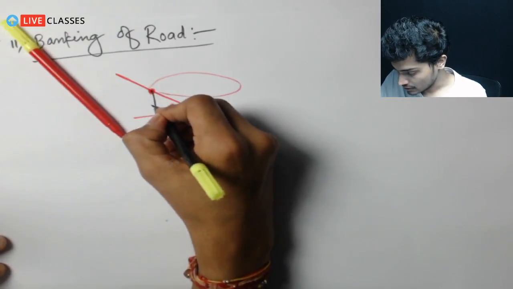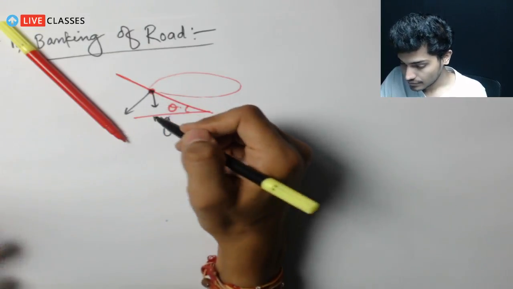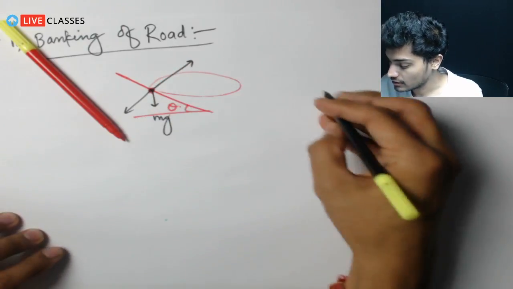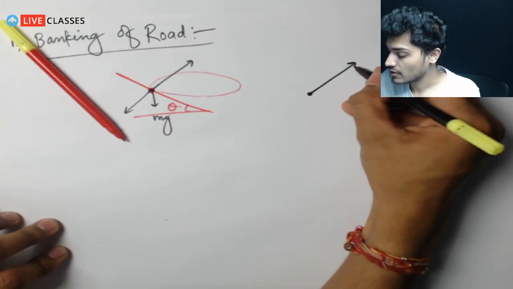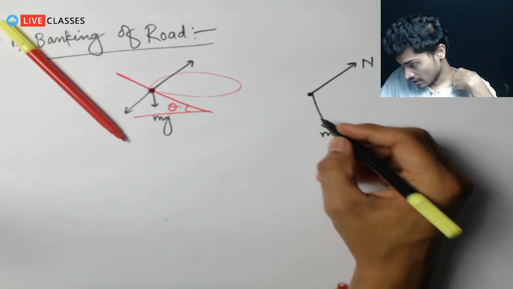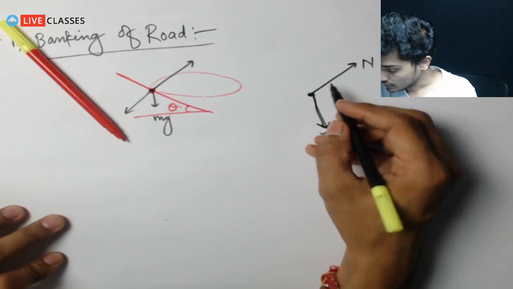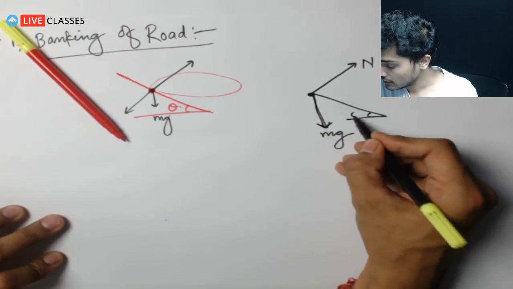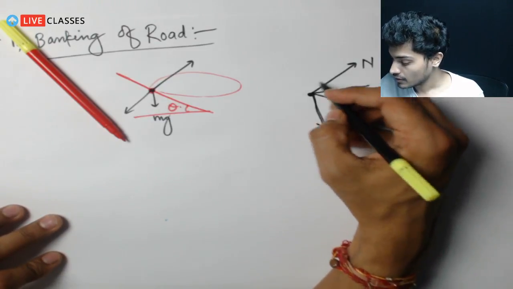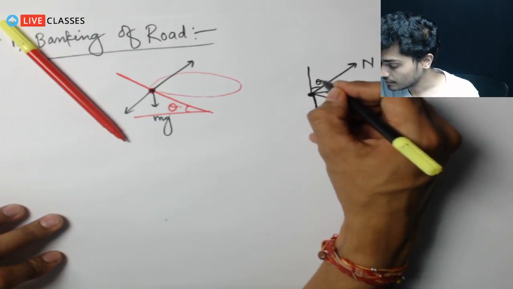Here mg will act in this direction, N will act in this direction, and friction is not there. This angle is theta, so this one will also be theta.